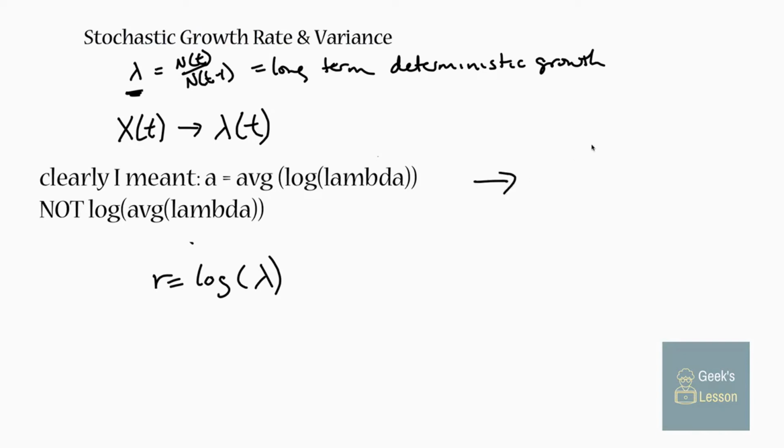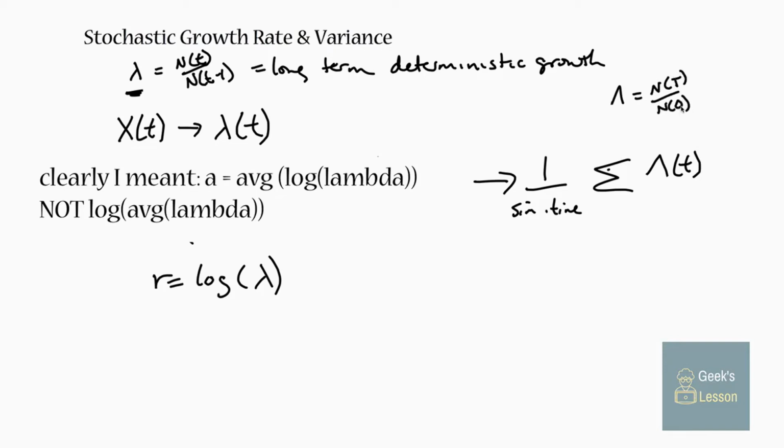Another way to say this is to define the stochastic growth rate to be 1 over simulations and time, the average of the total population change, which is usually given by big lambda at t, where big lambda is n at time t divided by n at time 0.